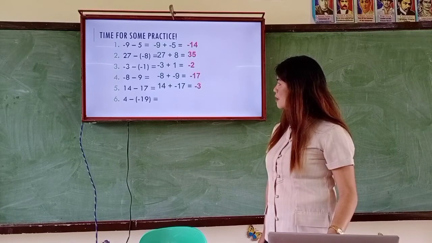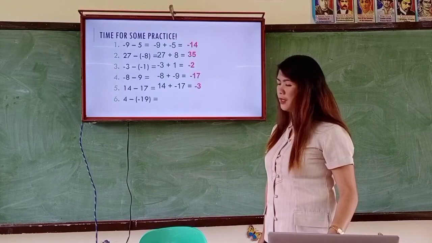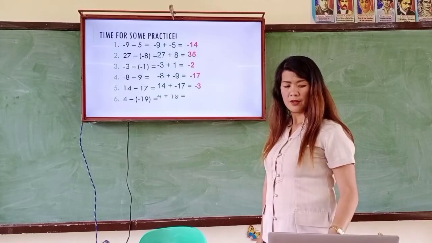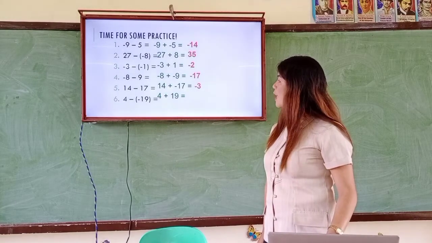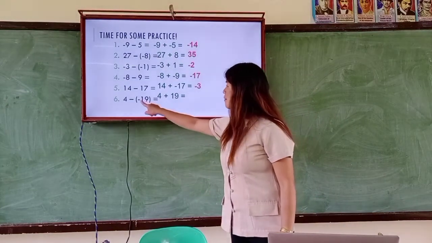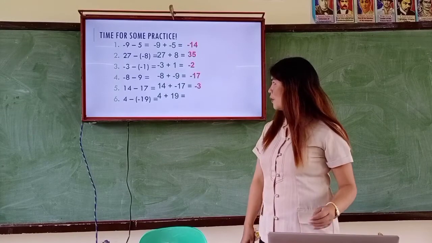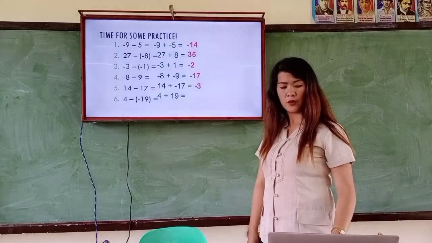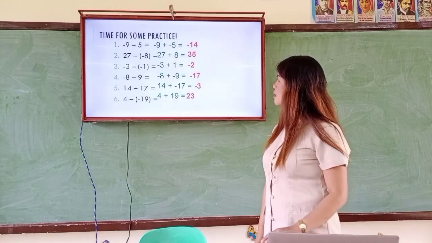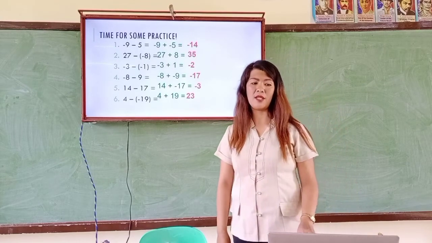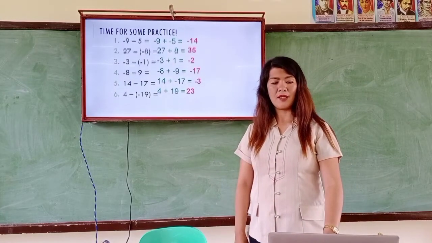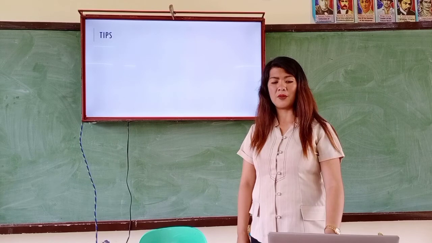And number 6, 4 minus -19, keep +4, change minus to plus, change -19 to +19, so that becomes +4 plus +19, which is equal to +23. Okay, so that is about subtraction.